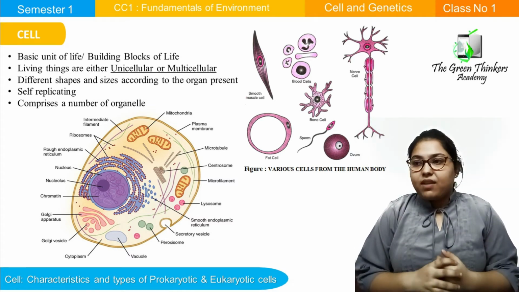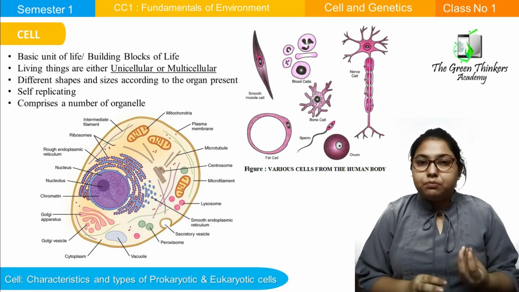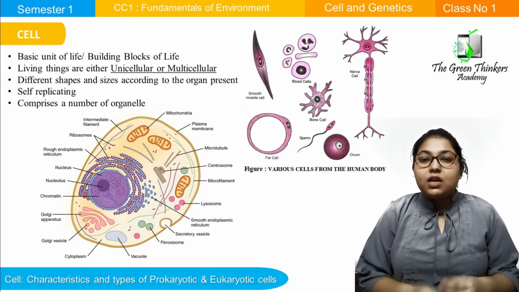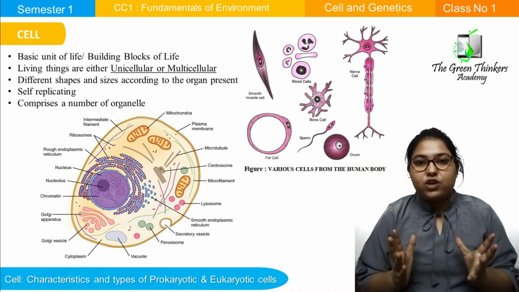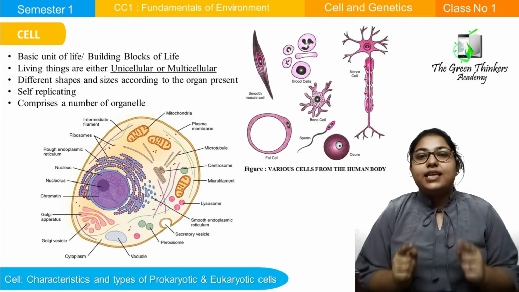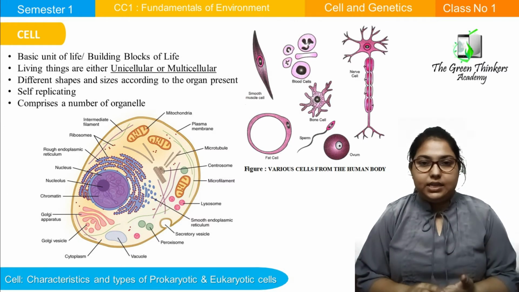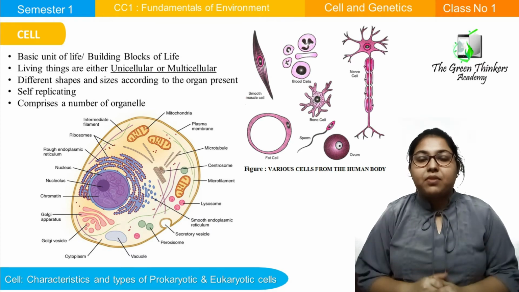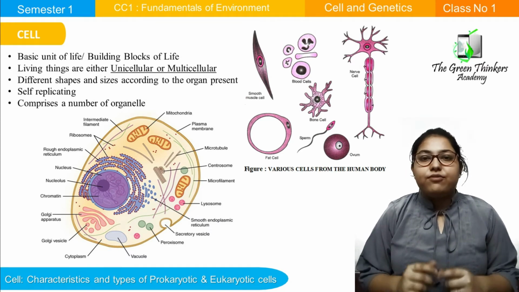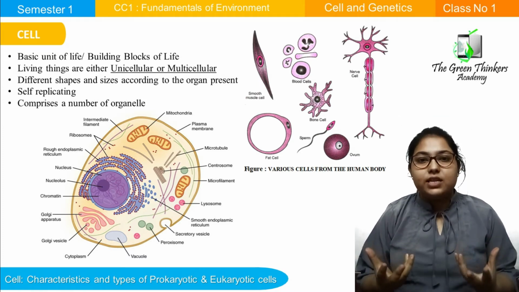You can see that the smooth muscle cells, the ovum, the sperm, the nerves, these are all single cells and have different structures. This cell comprises a number of organelles which are present in it, and each organelle has its specific function. Cells also have the self-replication property, due to which they grow or increase in number.